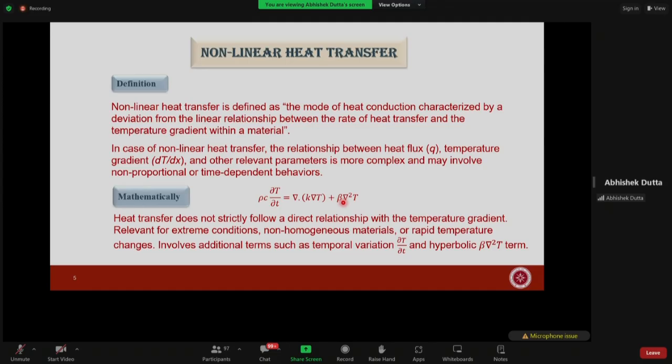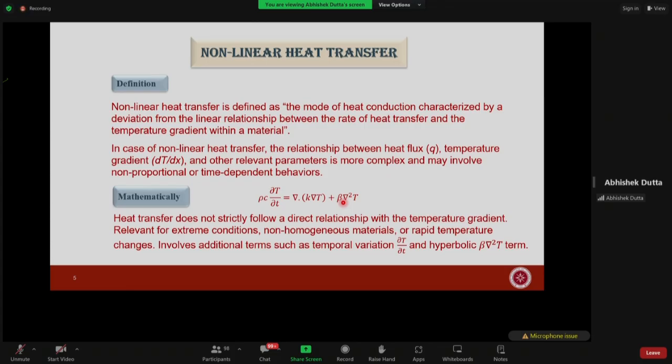If I want to summarize everything, I would say that linear heat transfer assumes a linear behavior in the governing equation and the material properties. While nonlinear heat transfer basically takes into account the deviations that happen due to temperature-dependent properties, boundary conditions, phase change, or the radiation effects, which I just mentioned with the Bhopal gas tragedy.